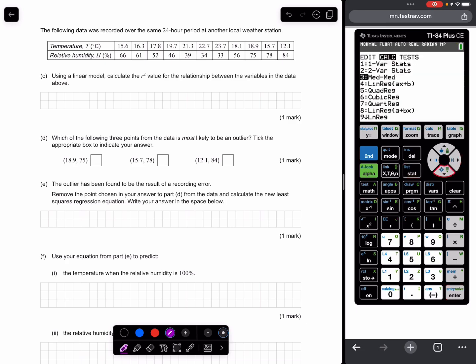Start calc, lin reg again. Find the r squared value. R squared equals 0.7924 to 4 decimal places. Which of the following 3 points from the data is most likely to be an outlier? Tick the appropriate box to indicate your answer.